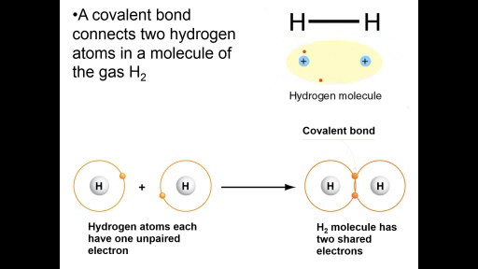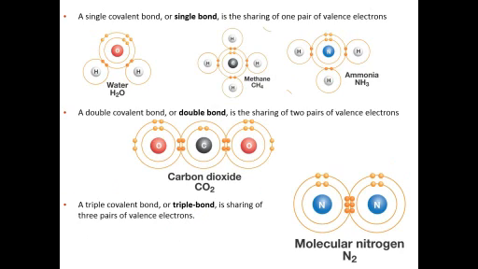What that means is that the electrons spin the same amount of time around each atom. So atoms can share different numbers of pairs of electrons. If you share one pair, we call that a single bond. If you share 2 pairs, double bond, 3 pairs, a triple bond.